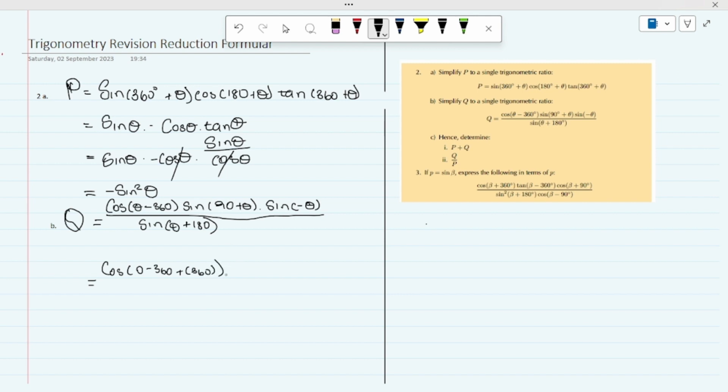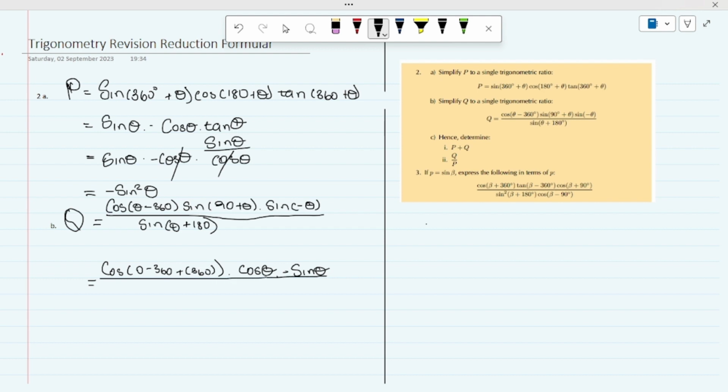Right, and then multiply by sine of 90 minus an angle. It's gonna be cos of that angle, which is gonna be cos theta in this case, and then sine of a negative angle. What is the sine of a negative angle? It's gonna be negative sine of that angle.